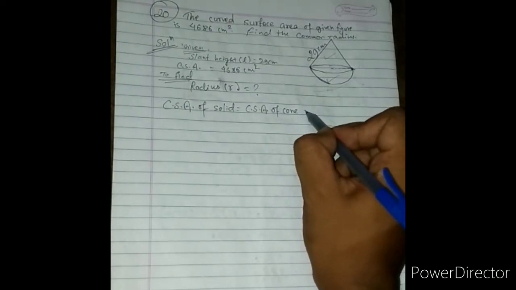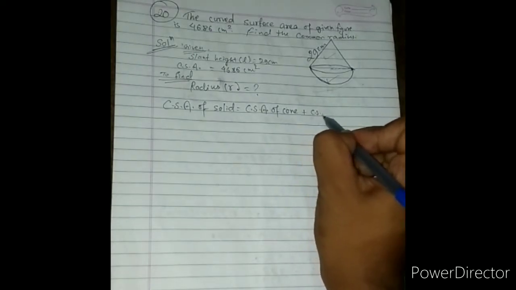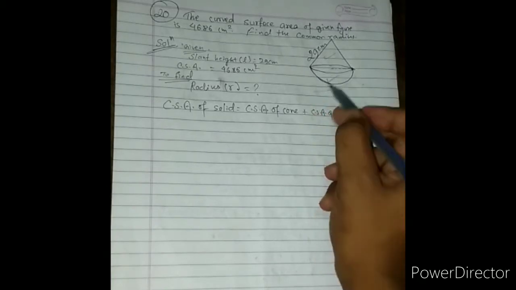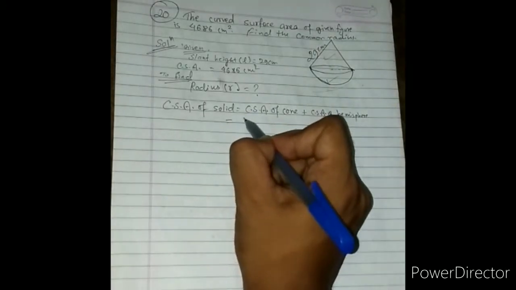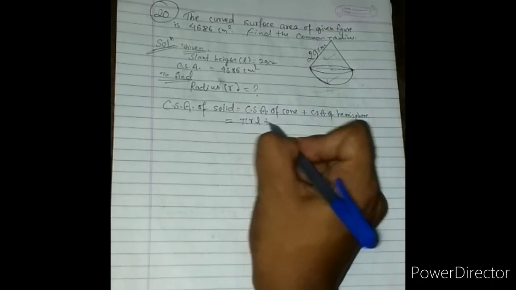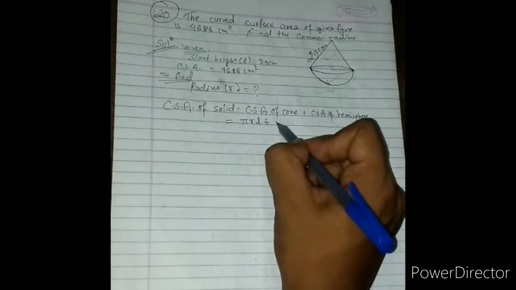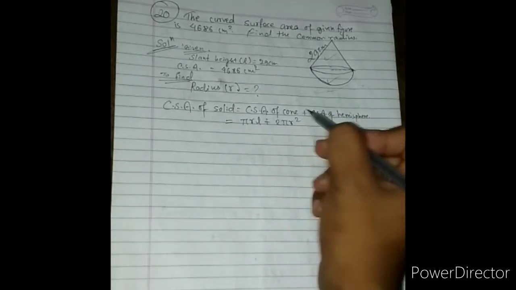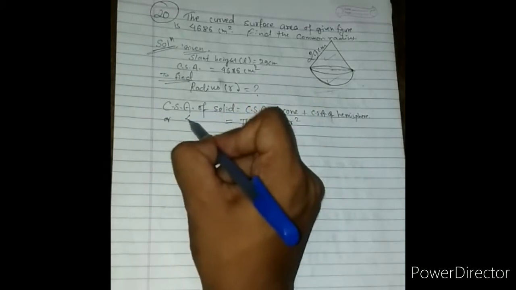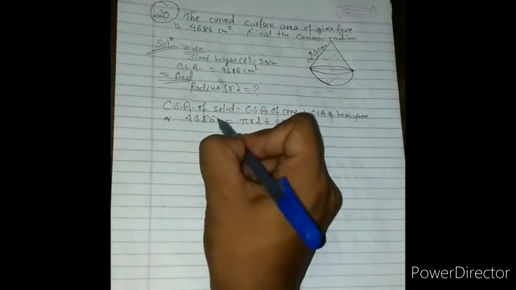CSA of cone is pi r l, CSA of hemisphere is 2 pi r square, and this total is given, 4686.